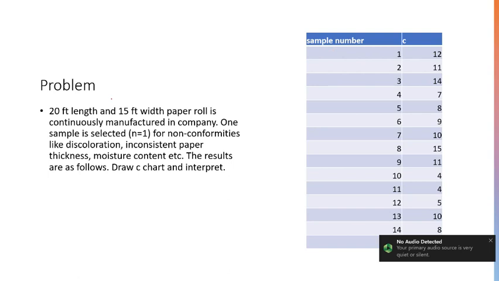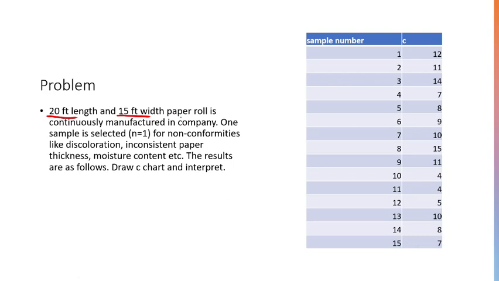So the problem says that we have 20 feet length and 15 feet width paper roll, and it is continuously manufactured. We select one paper roll. You can see the sample number is 1, and the sample size is also 1.